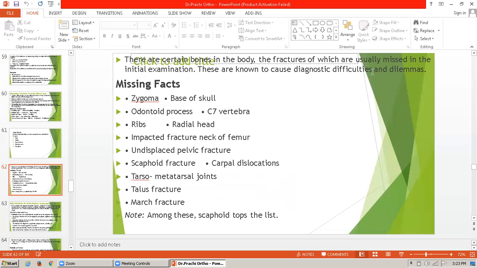These are known to cause diagnostic difficulties and dilemmas. The commonly missed fractures are zygoma, base of skull, odontoid process, C7 vertebra, ribs, radial head, impacted fracture neck of the femur, undisplaced pelvic fracture, scaphoid fracture, carpal dislocations, tarso-metatarsal joints, talus fracture, and march fracture, and among these, scaphoid is top of the list.